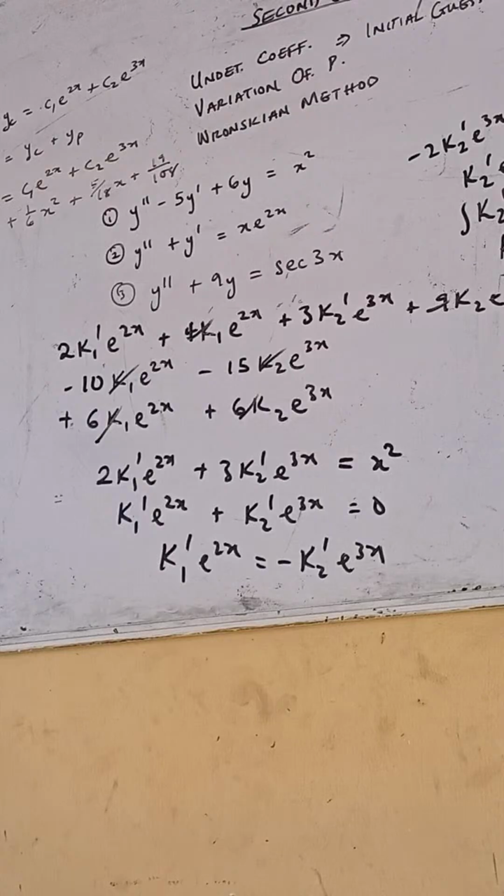If my dv equals e to the minus 3x dx, I integrate both sides, which means my v equals e to the minus 3x over minus 3, where the minus and 3 on the ground will cancel out.